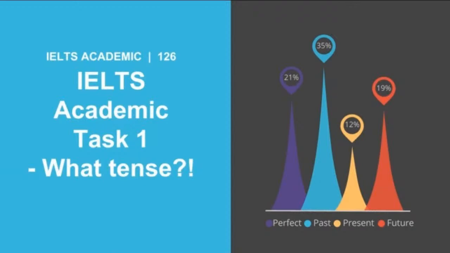This is key. If the year is before the current date, which today, look at your watch, look at your phone, then obviously we're going to use the past tense. If it's after, we're going to use the future tense, and if there is no time reference, we can use the present simple.